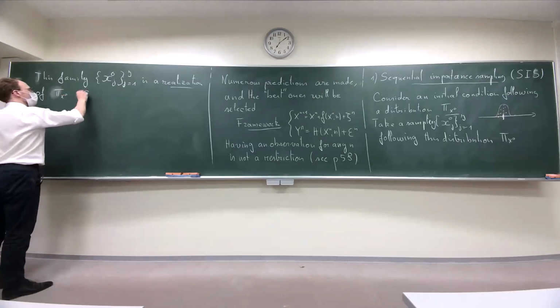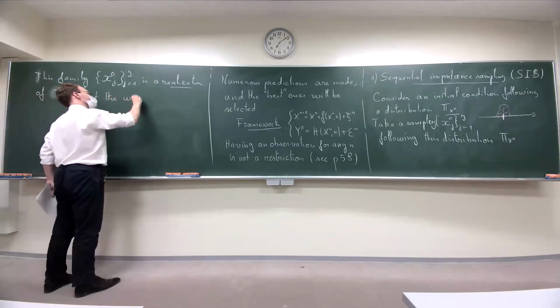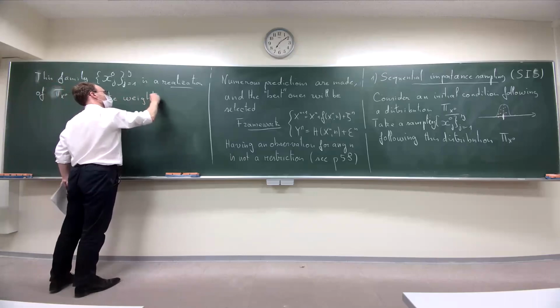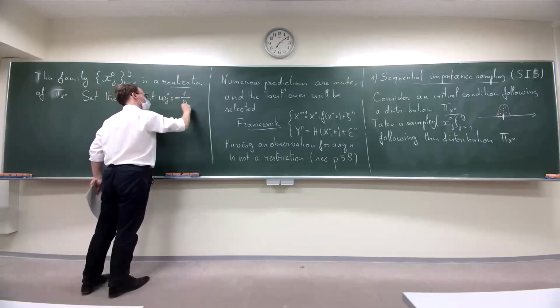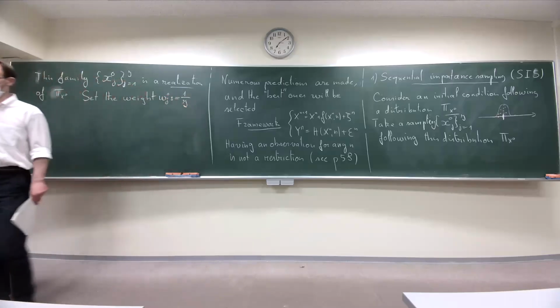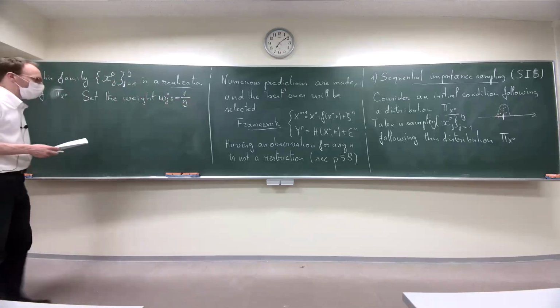Now, set and define some weights W0^j all equal to 1 over J. I'm going to associate to each initial condition a weight, but for now it's everywhere the same weight.